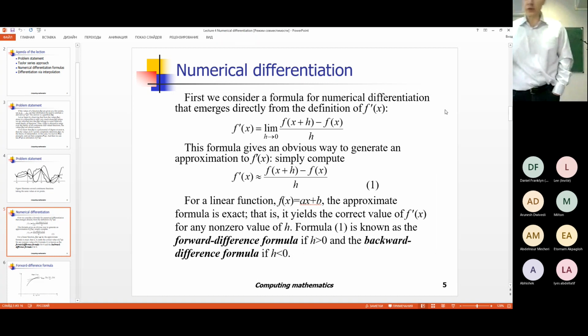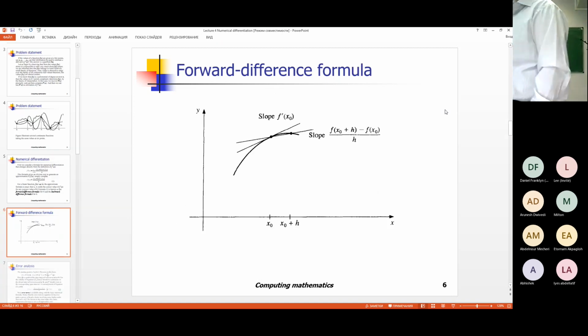This formula is correct for all values of h, both positive and negative.